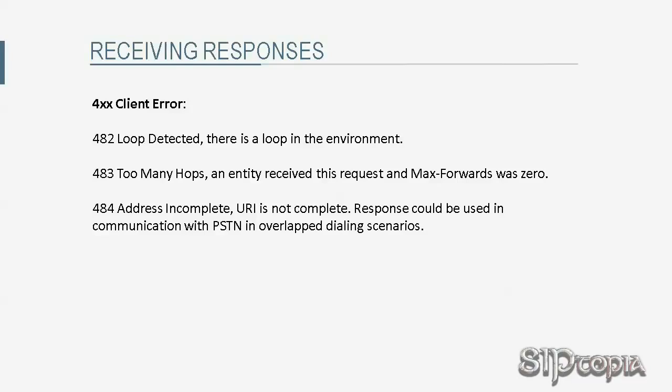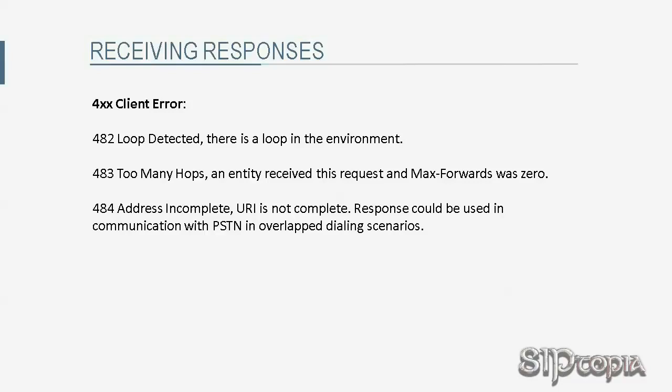Tarzan's SIP proxy should recognize the fact that its own Via entry is already in the request and respond with a 482 Loop Detected.